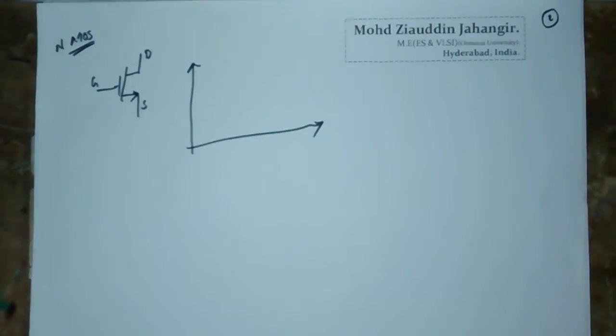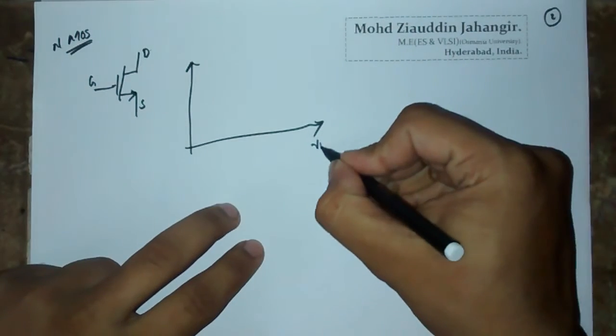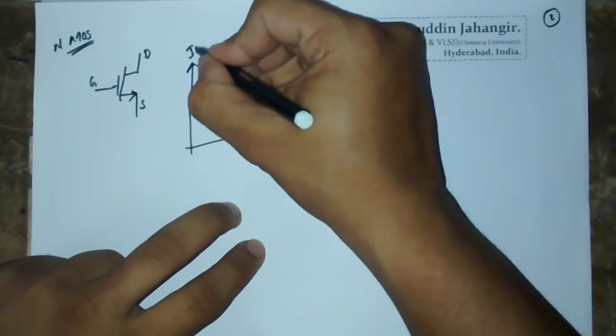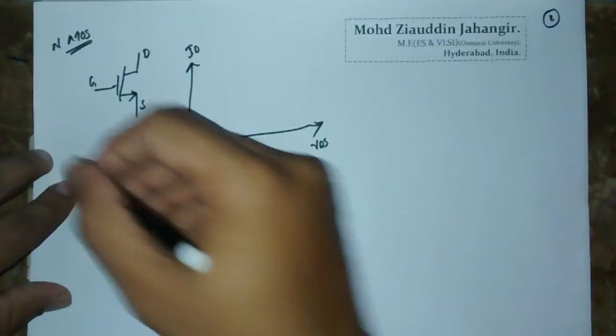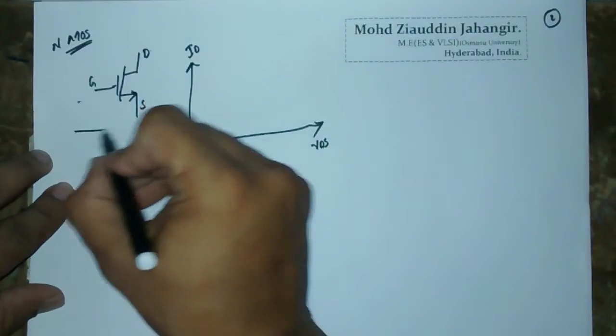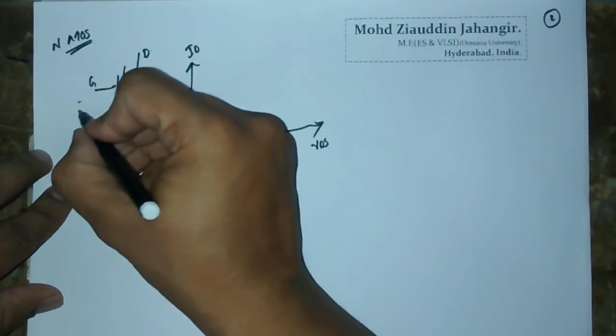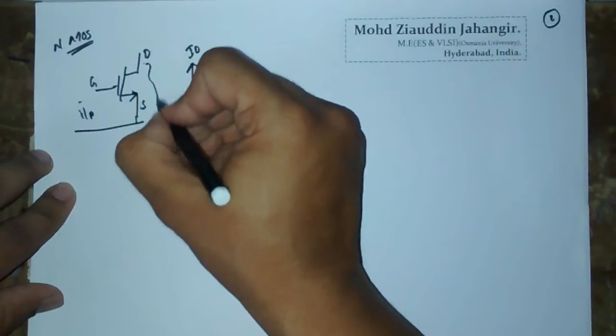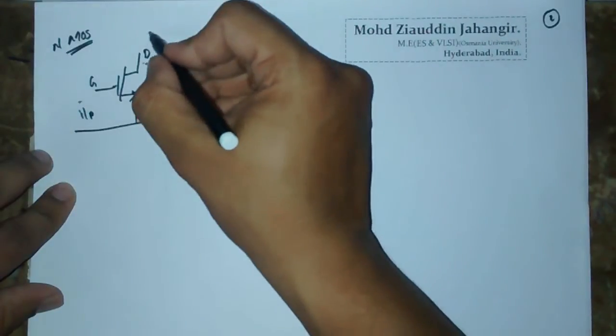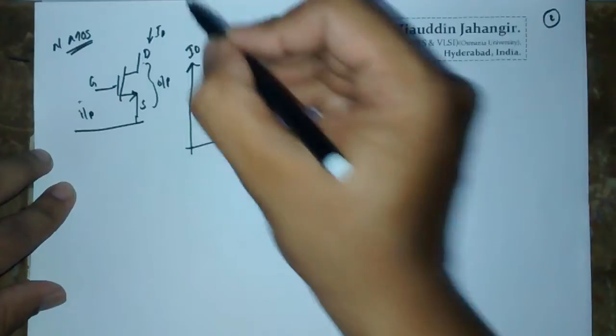Okay, so for this NMOS, if output characteristics are plotted, VDS versus ID, that means we are applying a VGS voltage, we are seeing this output, and we are also calculating the current flowing through this.